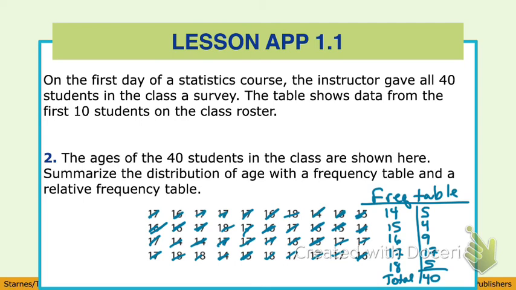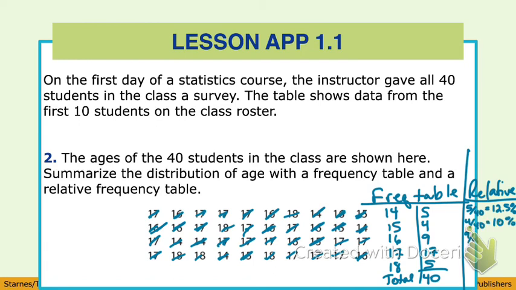To turn this into a relative frequency table, I just need to turn these into percentages, okay? So I'm going to just do this relative over here. For the first one, I've got 5 out of 40, which is 12.5%. Then I've got 4 out of 40, which is 10%.